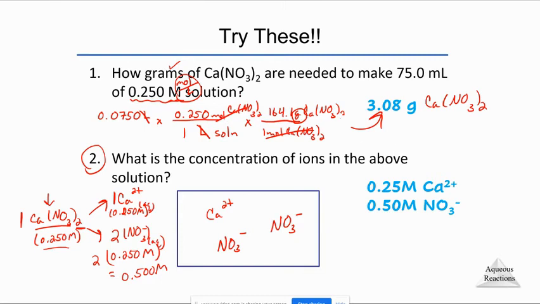If we look at the total concentration of ions, we basically have to add these together. So for every 1 unit of calcium nitrate, I get 3 units of ions. I get 1 calcium 2 plus and 2 nitrates. So that ends up being a total of 0.750 molar ions total.